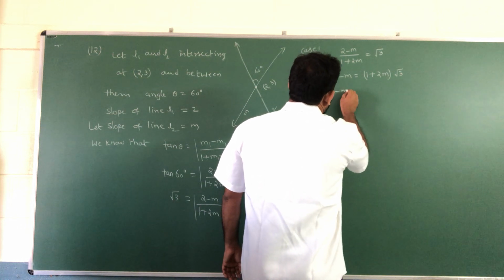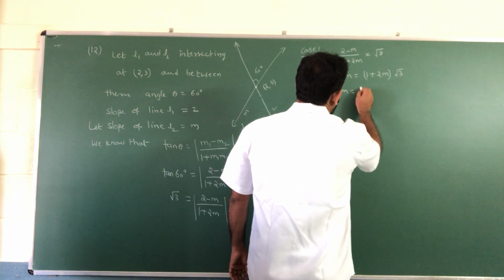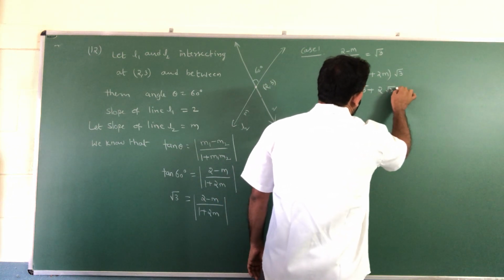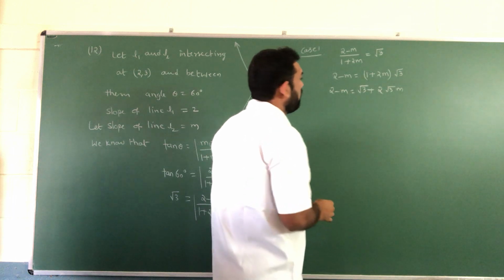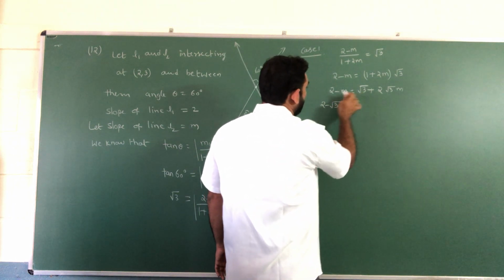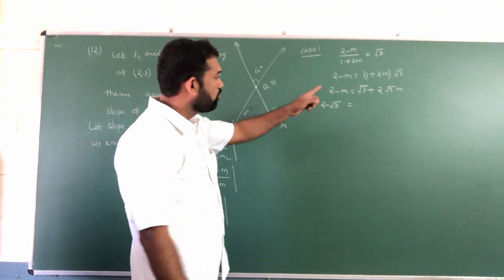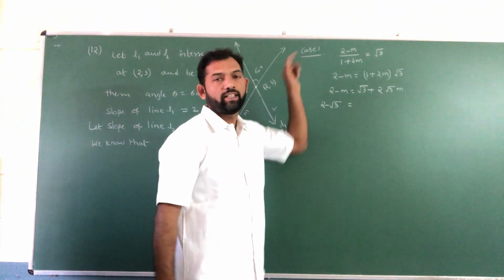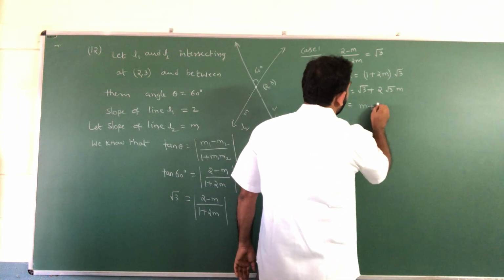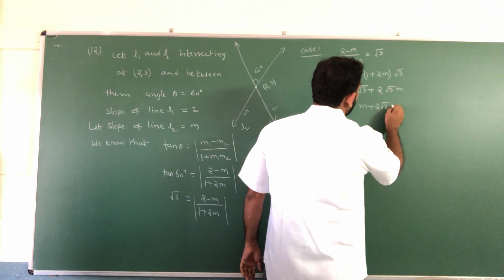2 minus M is equal to root 3 plus 2 root 3 M. Taking the terms, 2 minus root 3 is equal to M plus 2 root 3 M on the right-hand side.